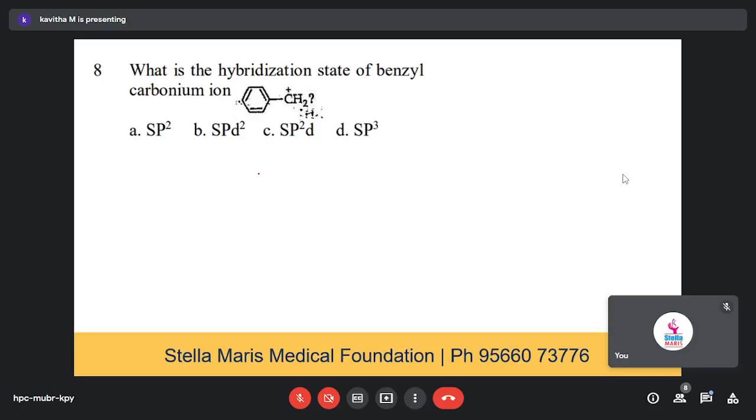The carbon does not have any d orbital, right? There is no d orbital in carbon. So B and C cannot be the answer. B and C will definitely not be the answer. So remaining ones you have to go through. So what is the answer?